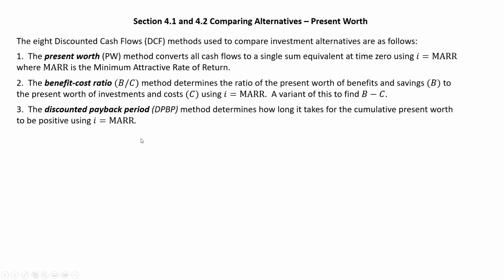The discounted payback period, DPBP, method determines how long it takes for the cumulative present worth to be positive using I equals minimum rate of return. Okay. Look at this one. What is that? How long it takes for the cumulative present worth to be positive using I equals minimum attractive rate of return.